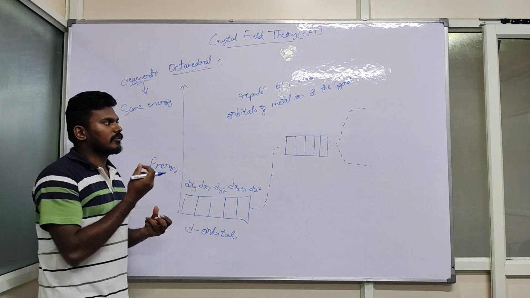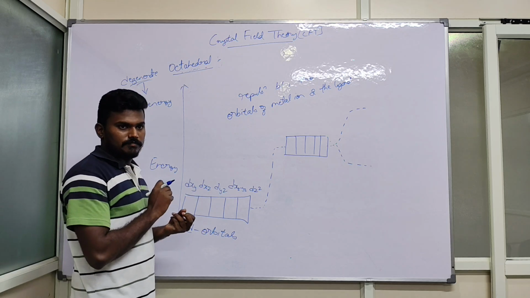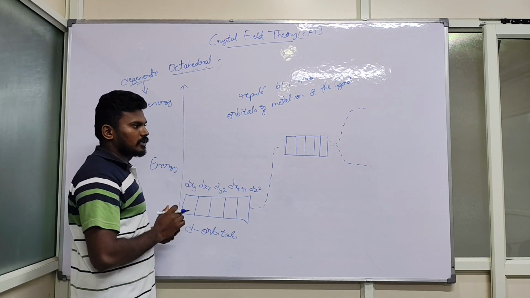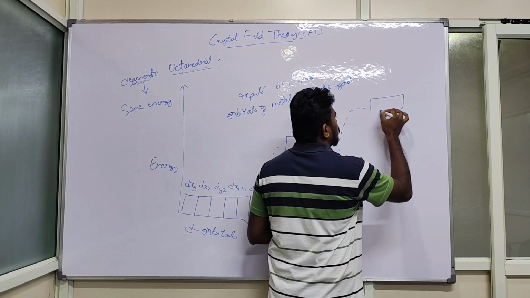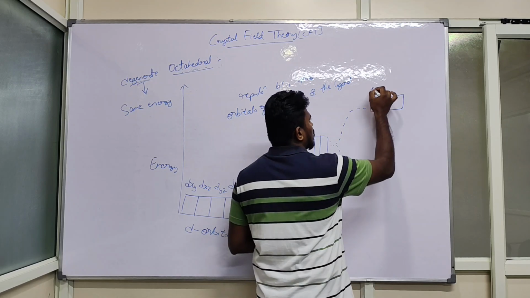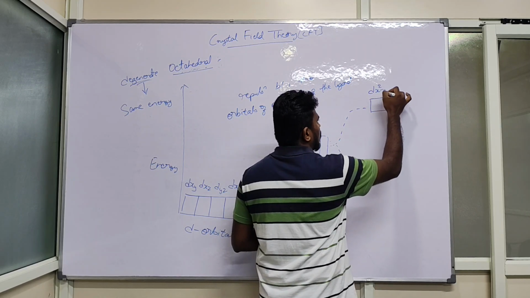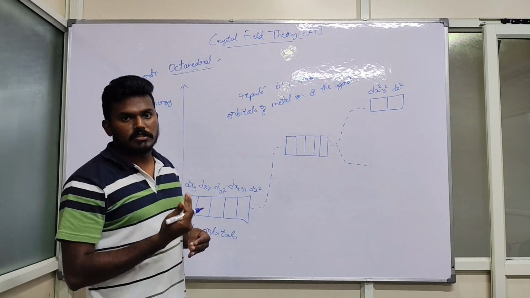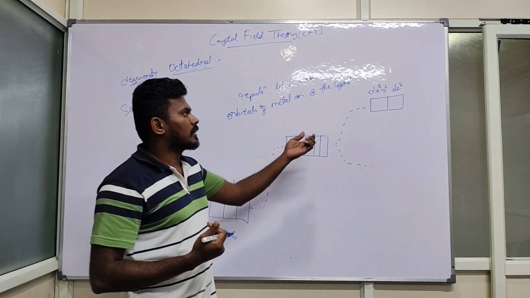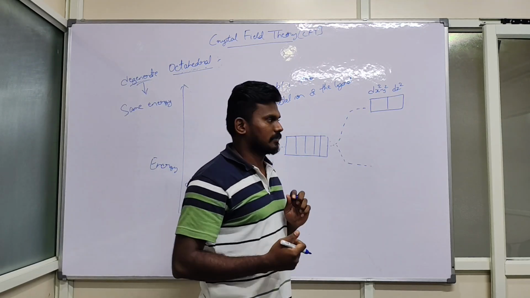So due to this repulsion, the set of two degenerate orbitals, dx square minus y square and dz square, will experience the higher repulsion and become a higher energy state.